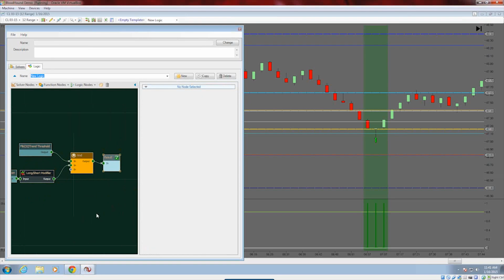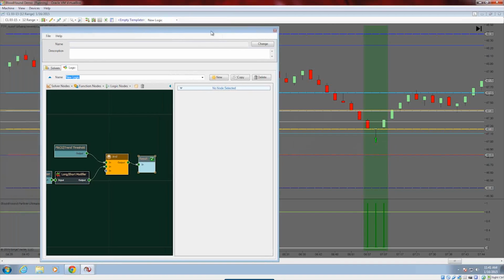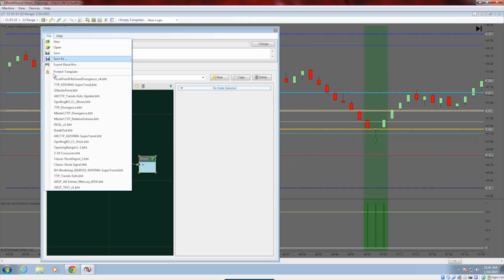Okay, and now let's say I want the bar, because this is a range chart, range bars are always closing either on the high or the low. Let's say we only want to get long signals when the close is closing on the high. First, let's do this. Let's save this.